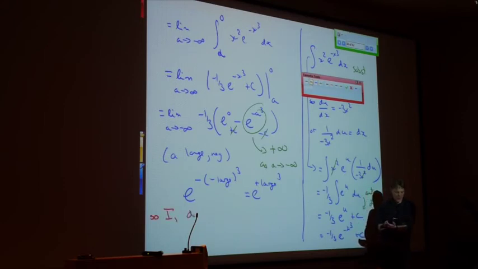So I1 diverges. And that means by our rule from a couple of pages ago, the overall, or the original, integral also diverges.